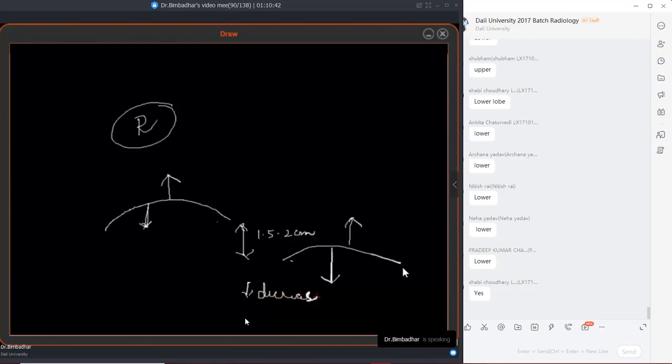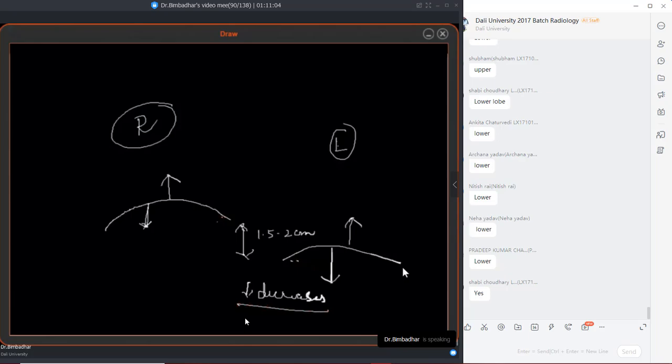Yes or no? If there is a problem down in the right lung, or a problem down in the left lung, let us say you have observed in your x-ray that the right hemidiaphragm is lower, it means the distance between the right hemidiaphragm and the left hemidiaphragm decreases.